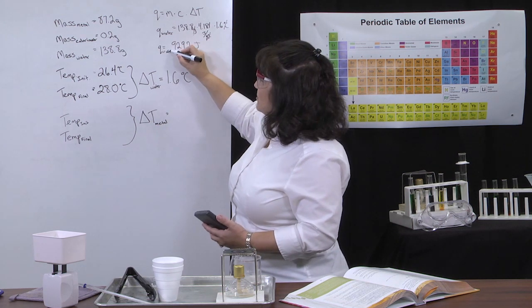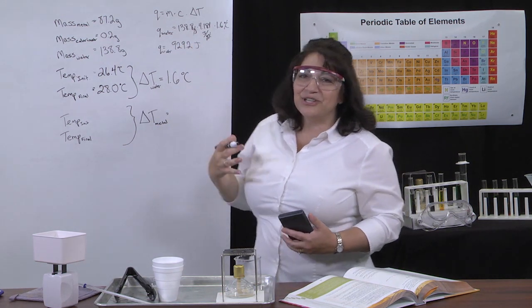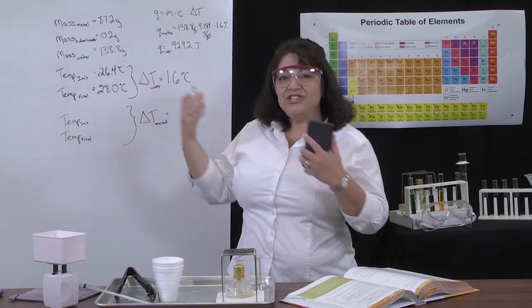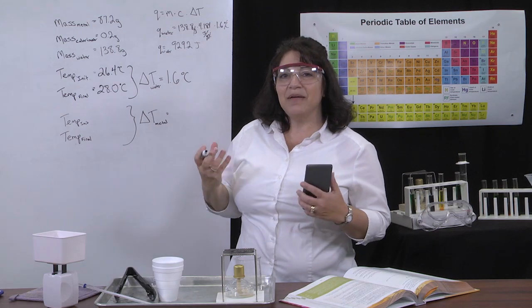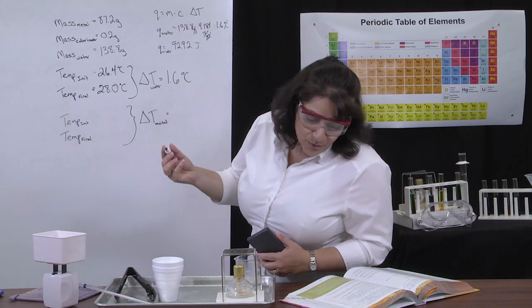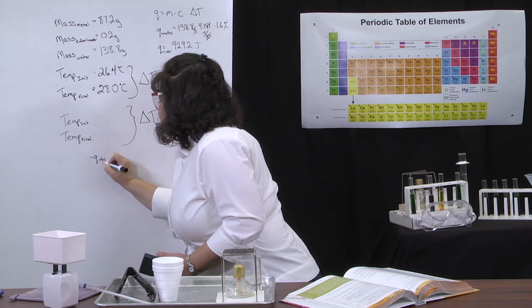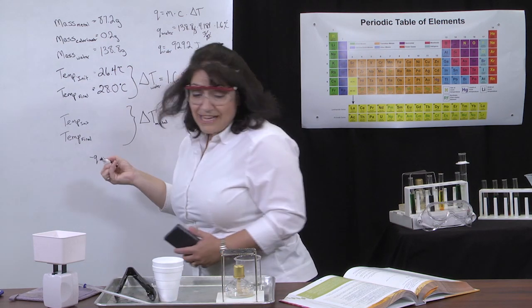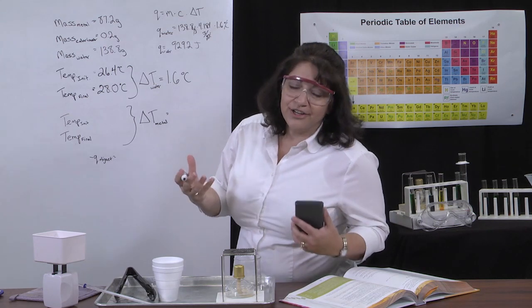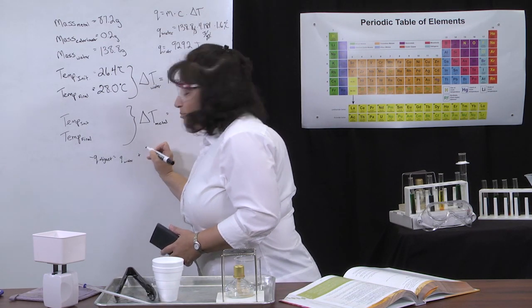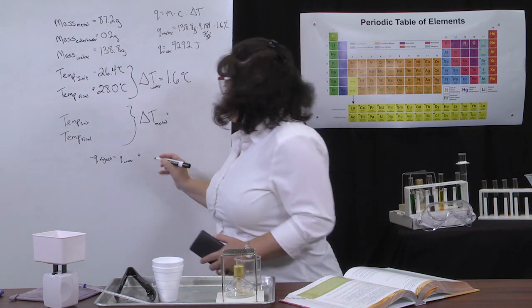Okay, now we can use our next equation to determine if this was the water heat absorption, how much heat was the metal releasing. So I can use the formula negative Q of the object equals the Q of the water plus the Q of the calorimeter.